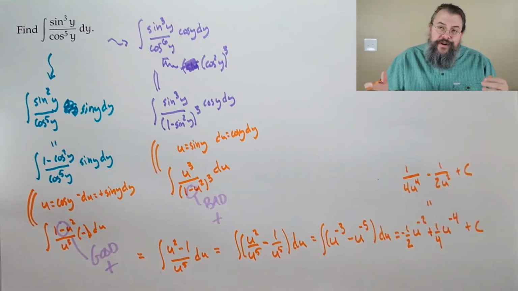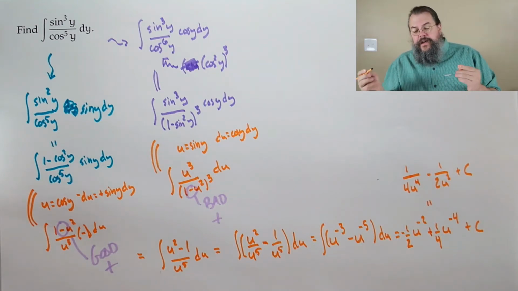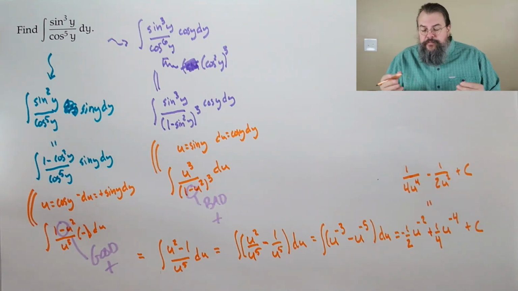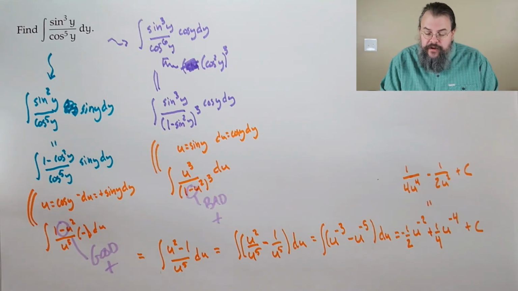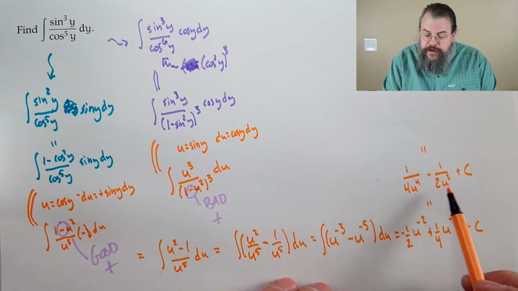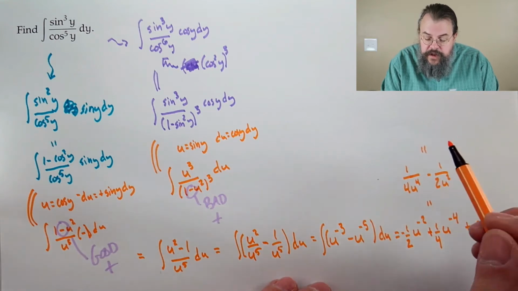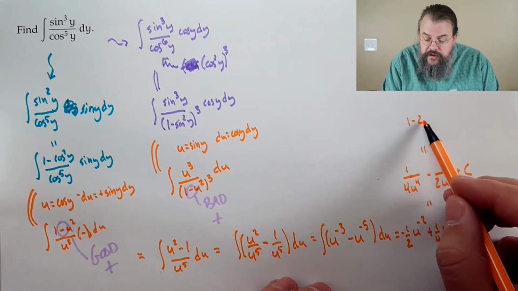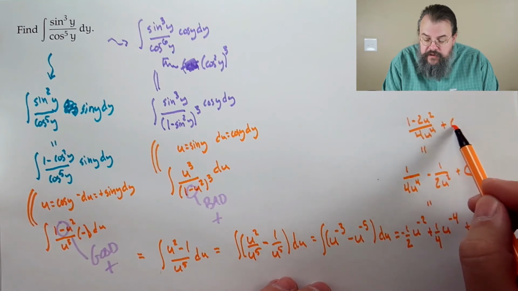We could put things together. The common denominator is 4u to the 4th, so this becomes 1 minus 2u squared over 4u to the 4th plus c.